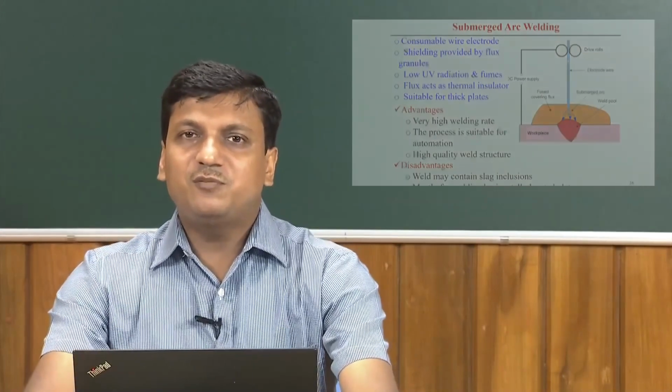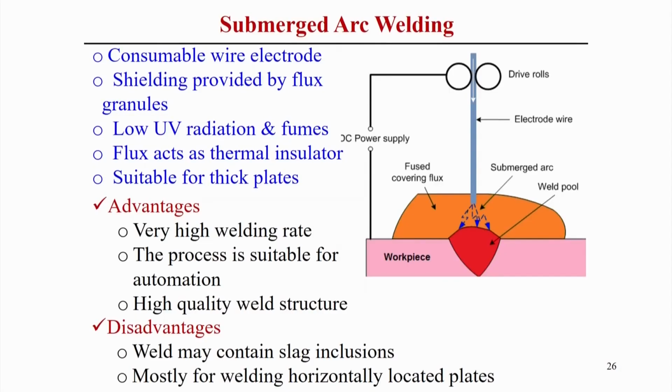Then we look at one of the most widely used welding processes, that is the submerged arc welding process. In this case also we use a consumable wire electrode, but the difference is that shielding is provided not by a shielding gas, but by granules of flux.